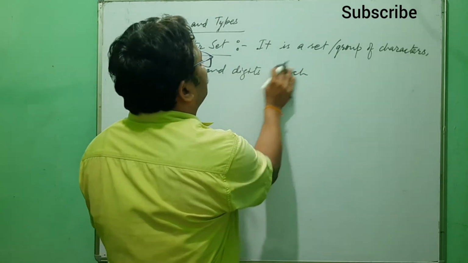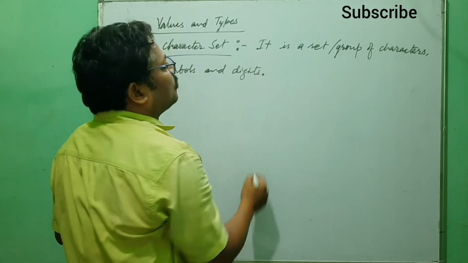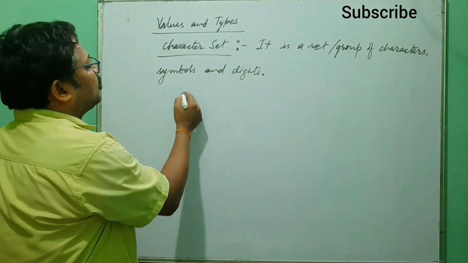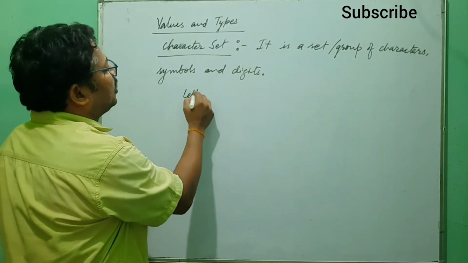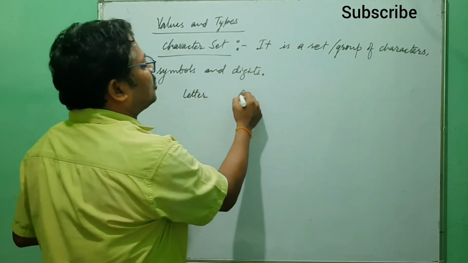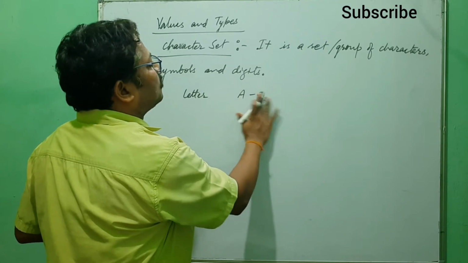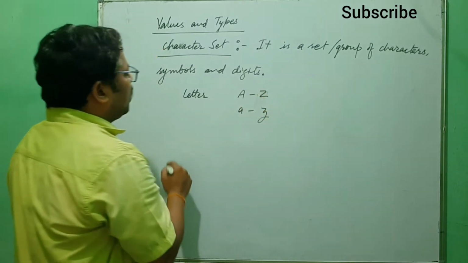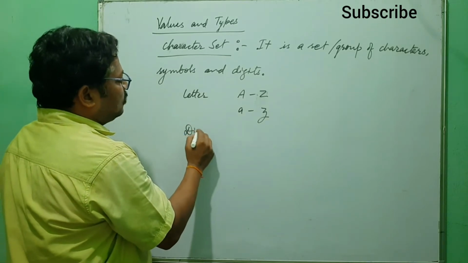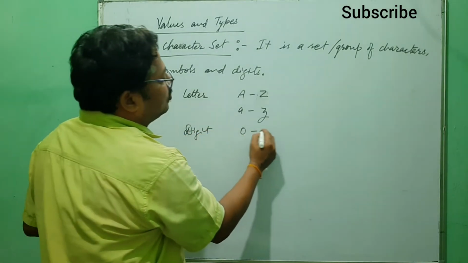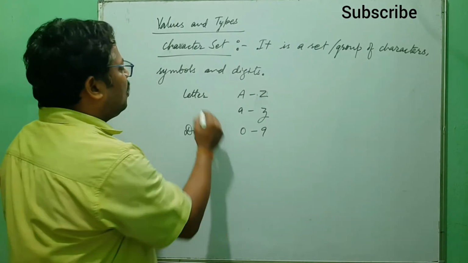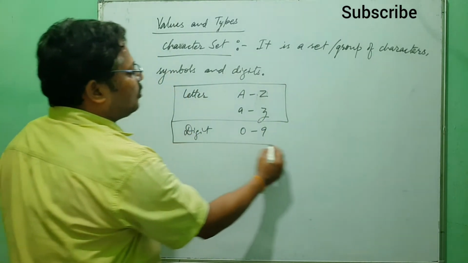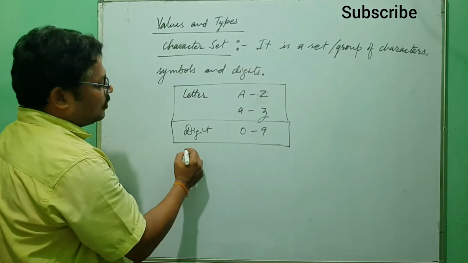So these all digits and symbols we use in a Java program. Letters are capital A to capital Z, small a to small z. Digits that we are using are 0 to 9. So you understand that we are using letters, digits, and special characters.